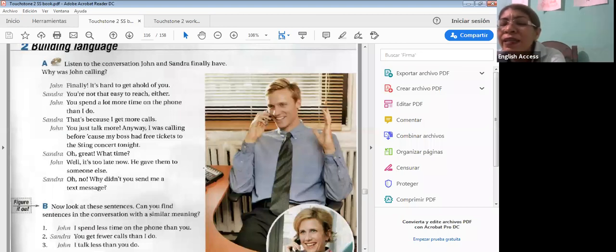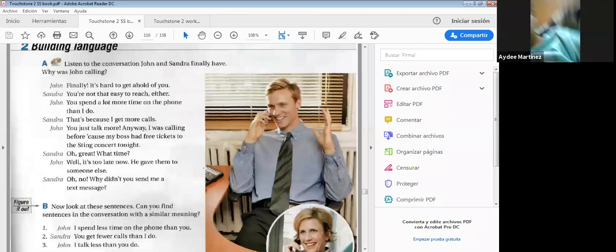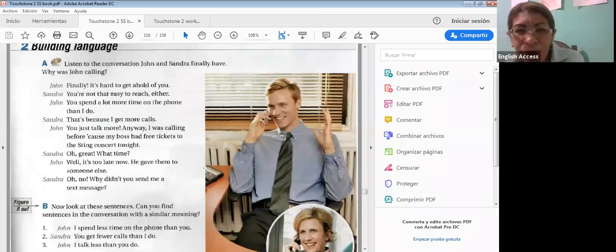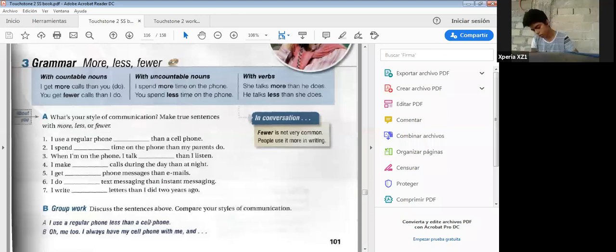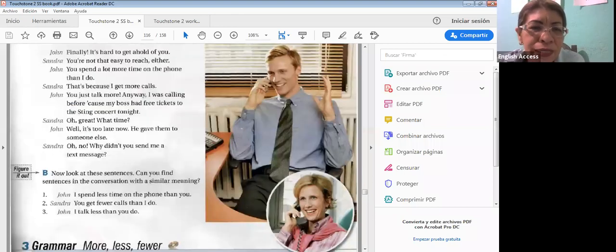So here in conversation 2, John, at the end, found Sandra, so they're having a conversation, and the question is, why was John calling? I'm going to play the audio. Listen carefully and follow the conversation in your books. We're going to find out the reason why he was trying to reach Sandra. Okay, listen.